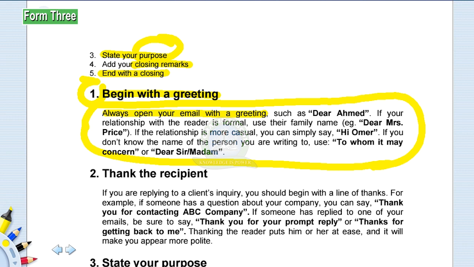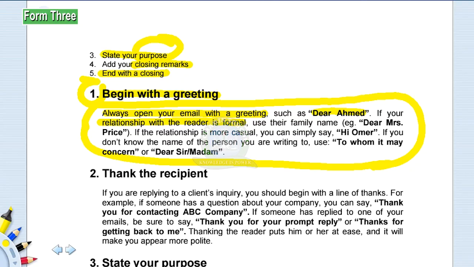Dear Ahmed. If your relationship with the reader is formal, if the person you are writing the email to has a formal relationship with you, we divide relationships into two: formal relationship and informal relationship.